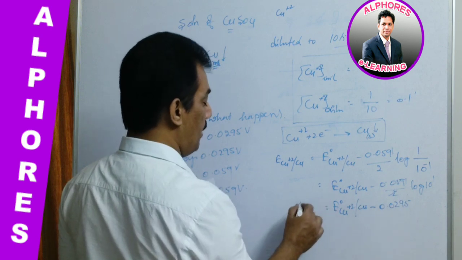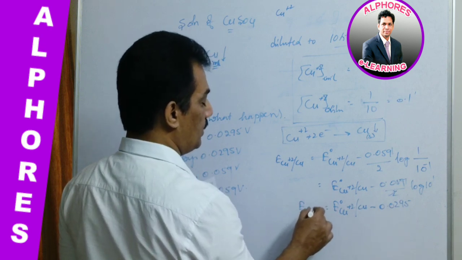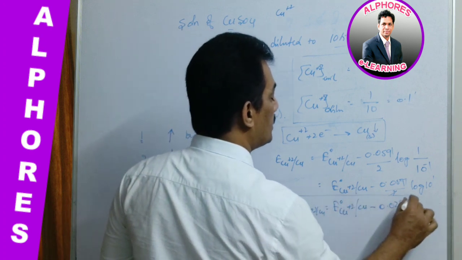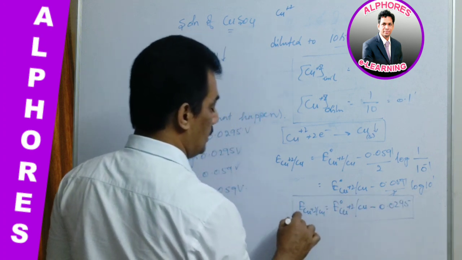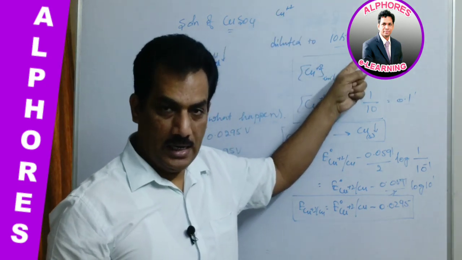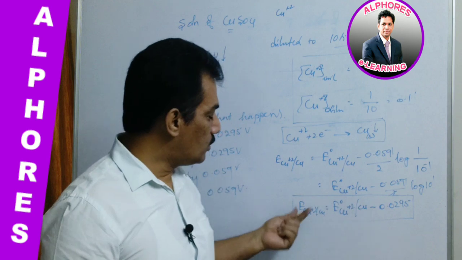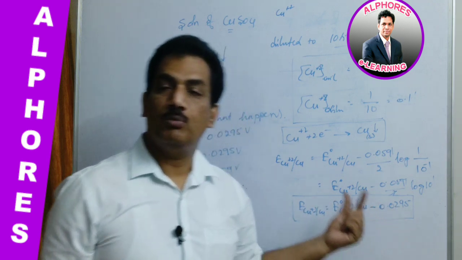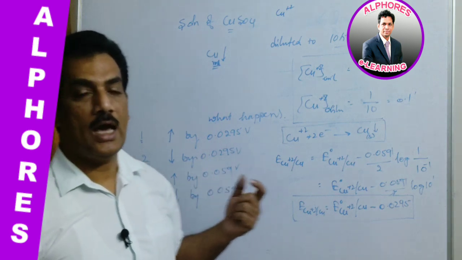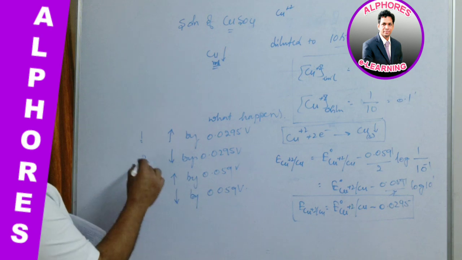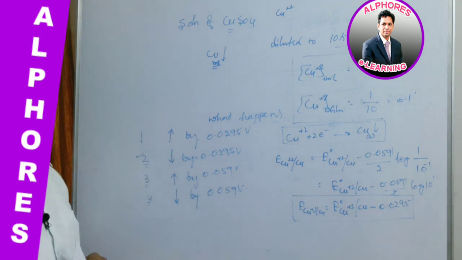So this will happen for Cu+2 to Cu. When the copper sulfate solution concentration is decreased by 10 times, this electrode potential will decrease by 0.0295 volts. So of the given options, the second option is the correct option.